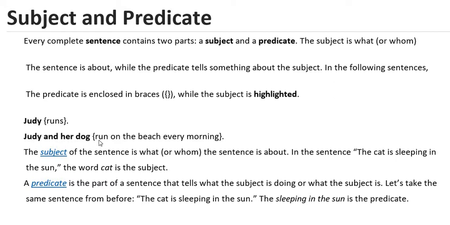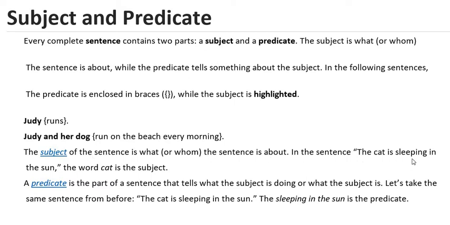Judy and her dog run on the beach every morning. अब सब्जेक्ट जहाँ पे है जूडी और डॉग मतलब कि सेंटेंस जिसके बारे में है और सब्जेक्ट के बारे में क्या कहा जा रहा है मतलब कि ये सब्जेक्ट क्या कर रहा है, रन ऑन द बीच एवरी मॉर्निंग, ये प्रेडिकेट कहलाता है. द सब्जेक्ट ऑफ द सेंटेंस इज वर्ड और वॉन्ट द सेंटेंस इज अबाउट. सब्जेक्ट सेंटेंस का कि सेंटेंस क्या है और किसके बारे में है, ये सब्जेक्ट है.